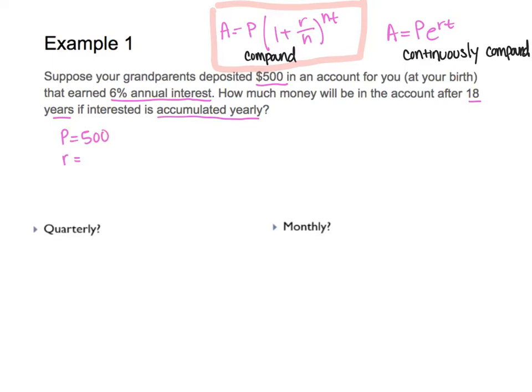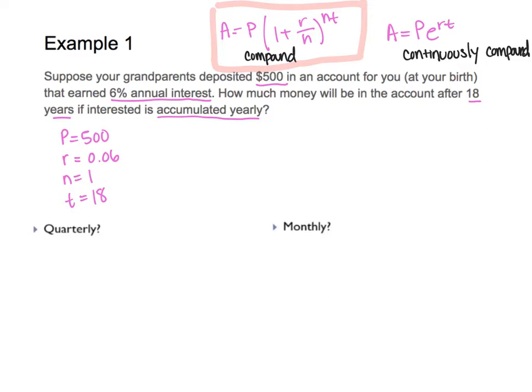Our interest rate is 6%, so that's 0.06 as a decimal. And then we need an N, which, because we are accumulating interest yearly, is 1. We're only compounding once a year. And in this case, time is going to be 18 years, because that's how long we're investing.